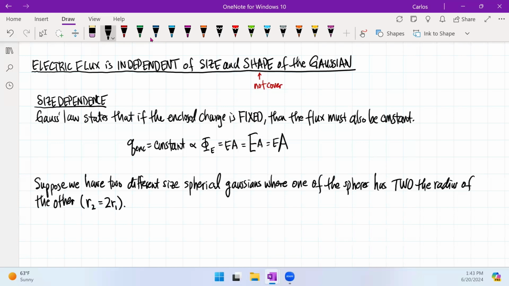So now let's enclose a positive charge into both Gaussians.